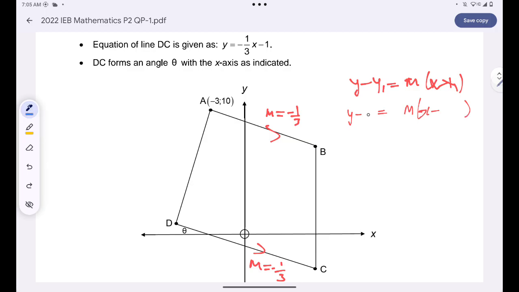My y1 is 10 and my x1 is negative 3. My gradient is negative 1 over 3.